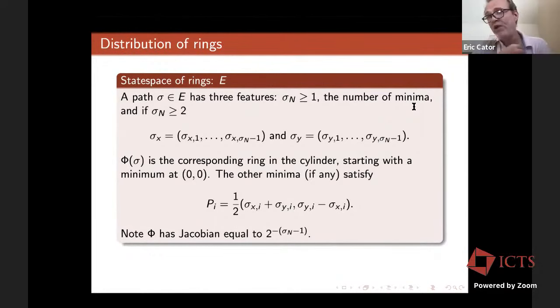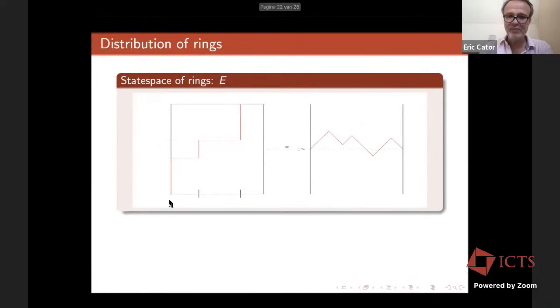And then if it has more than one minima, then it has sigma n minus 1 x's and y's. Those were the positive and negative particles, but now they mean something else. So you have x coordinates and y coordinates, but you only need them if there's at least 2 minima. Because if there's only one minimum, it just means that you go up to the corner and then to the right, and you don't need any x or y's.